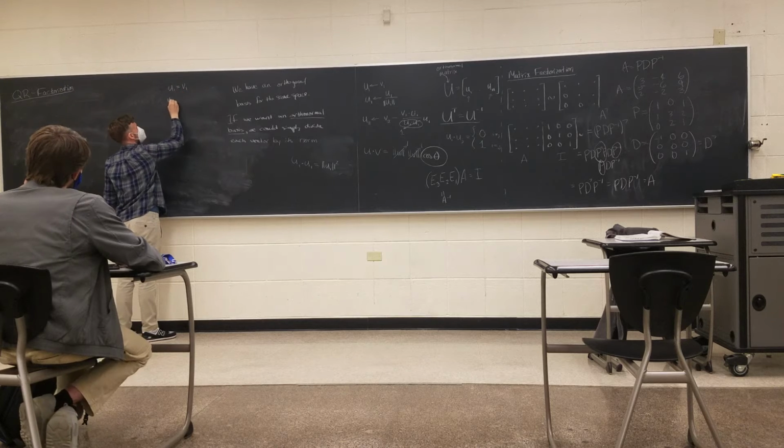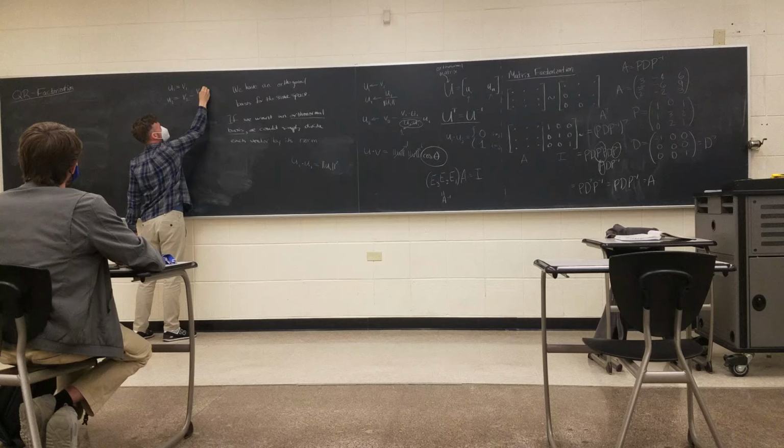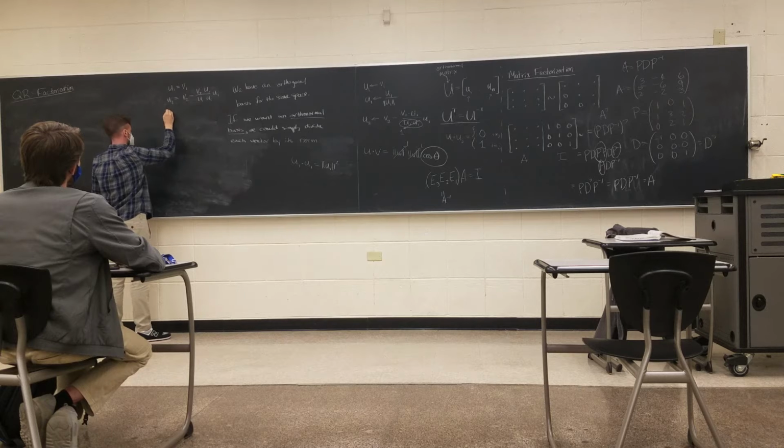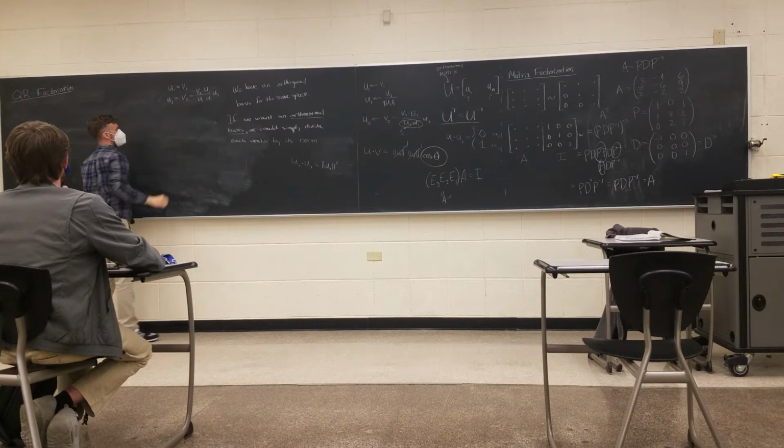U2 equals V2 minus (V2 dot U1 over U1 dot U1) U1, let's leave it like that.